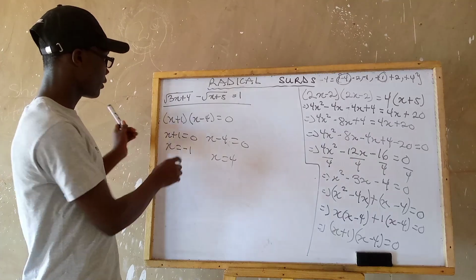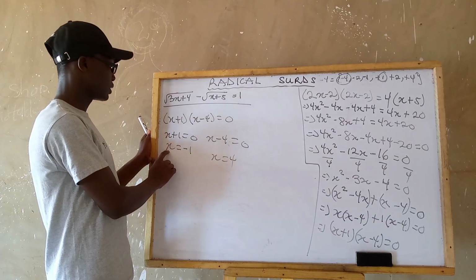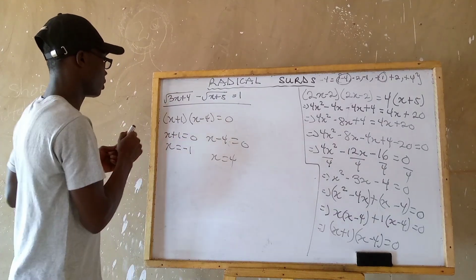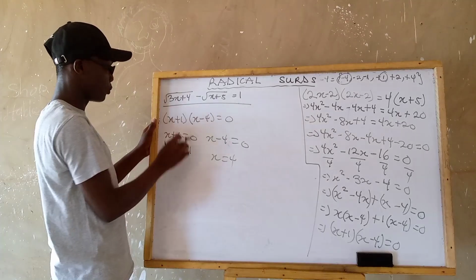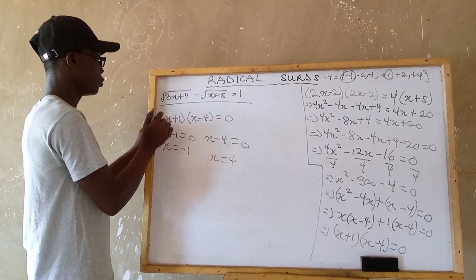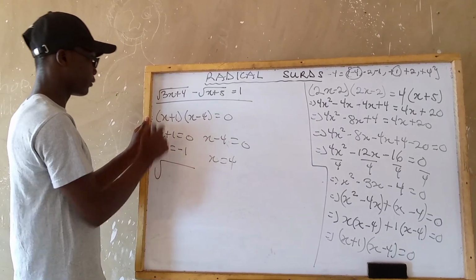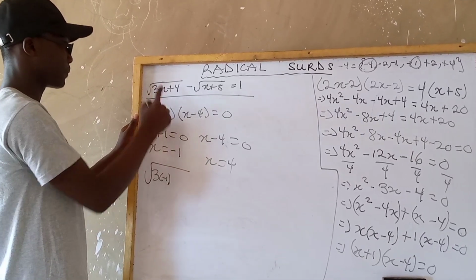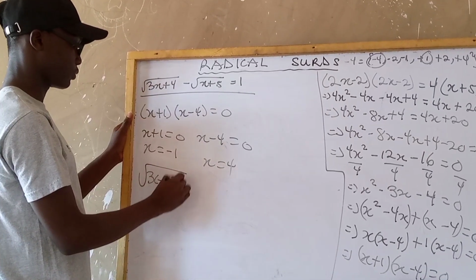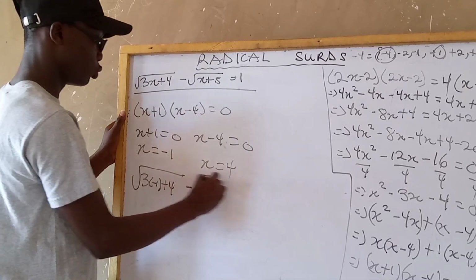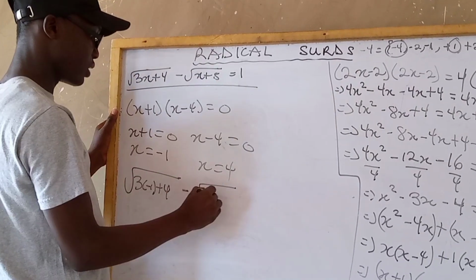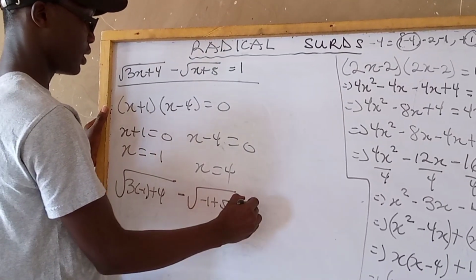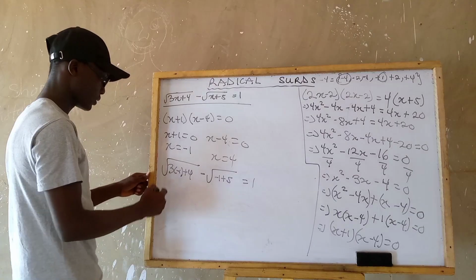So now let's substitute negative 1 for x. Replacing x with negative 1, you have root of 3 times negative 1 plus 4 minus root of negative 1 plus 5 is equal to 1.